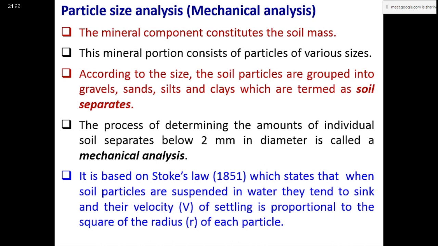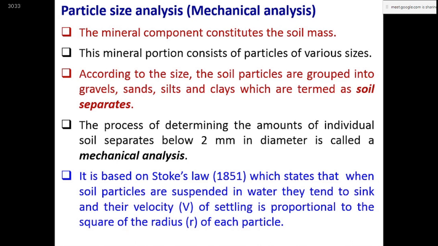The mechanical analysis is based on Stokes law, which was given in 1851, which stated that when soil separates are suspended in water, they tend to sink, and their velocity of settling is proportional to the square of the radius of each particle.